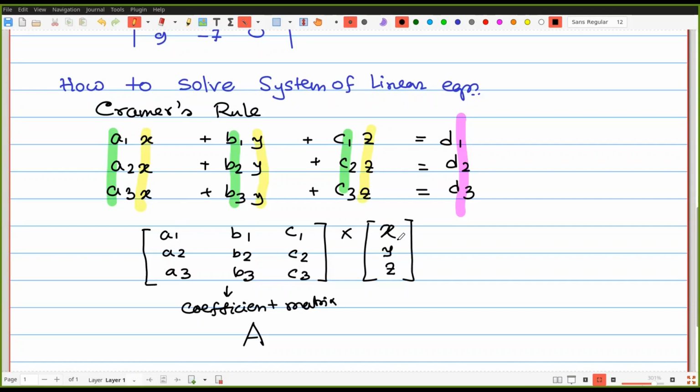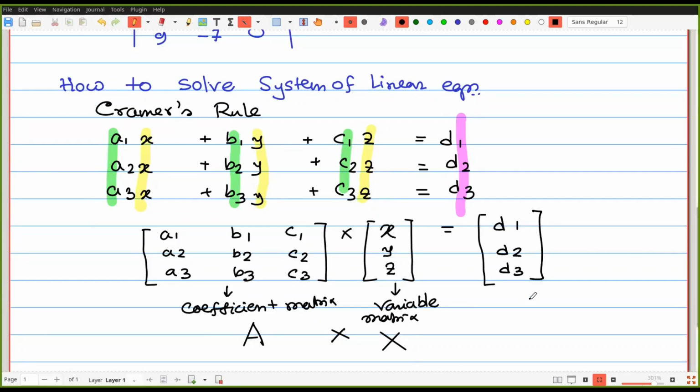That must not be x, z, y or z, x, y, like that. x, y, z. That is called the variable matrix. And capital X is equal to the resultant matrix, that is d1, d2, d3. That is also a column matrix. So that is also called the resultant matrix, and that is B.